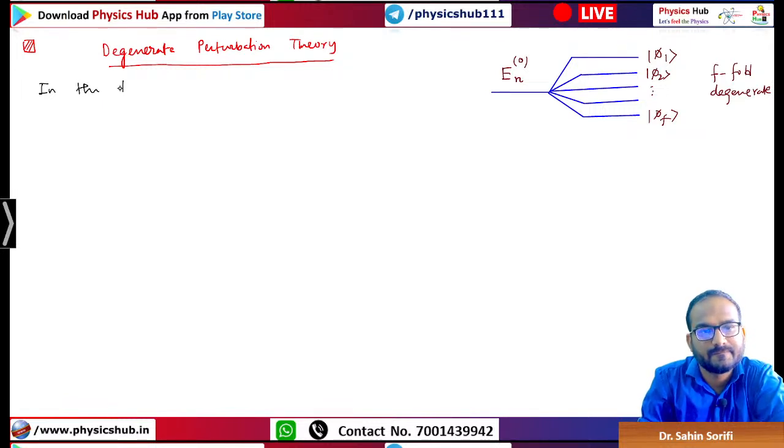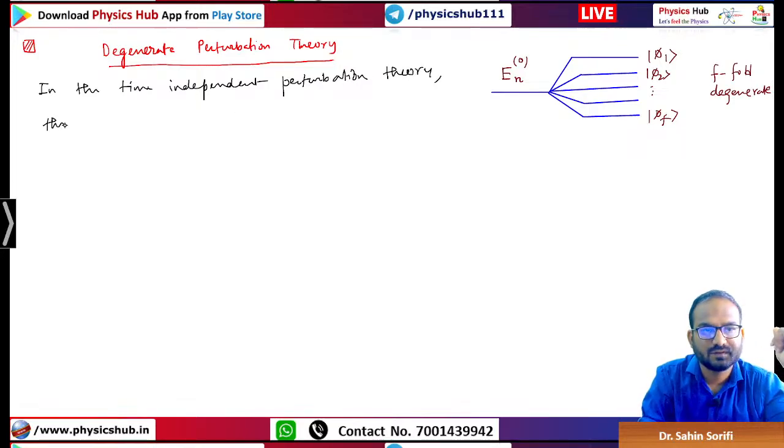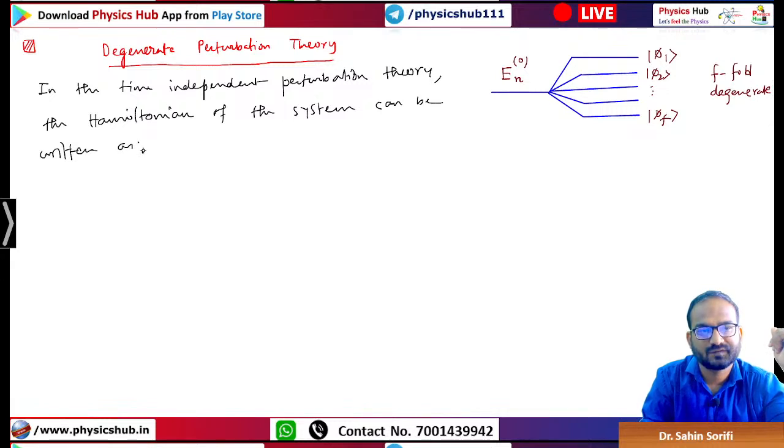In time independent perturbation theory, how did we write the Hamiltonian? The Hamiltonian of the system can be written as H, the unperturbed part, plus the perturbation.